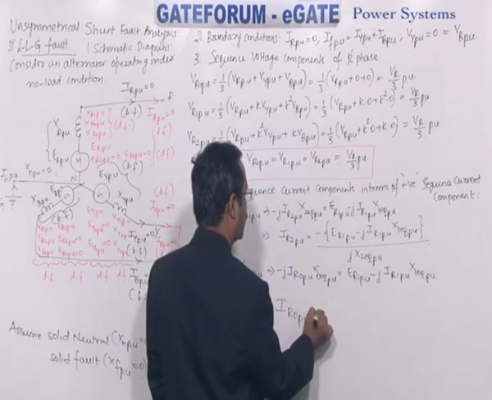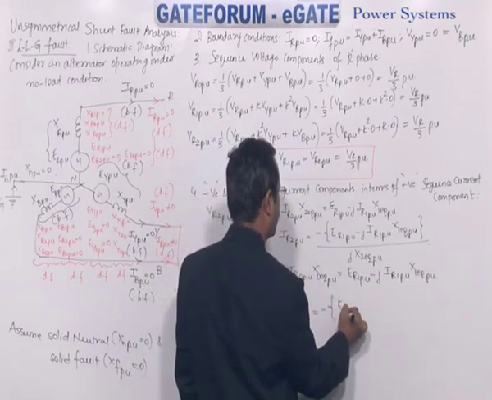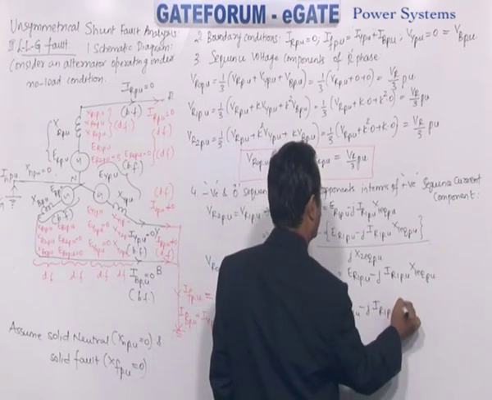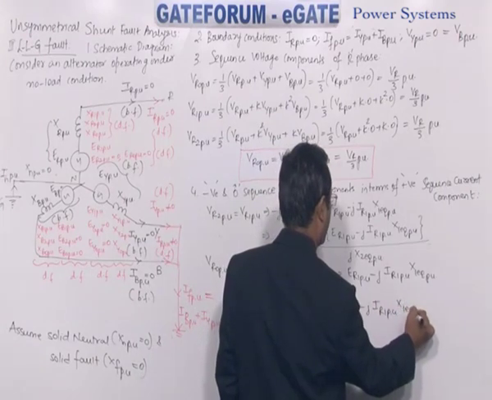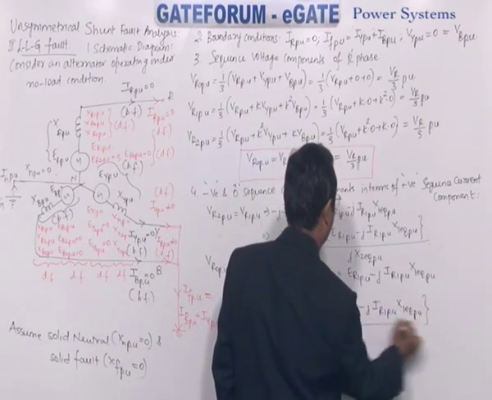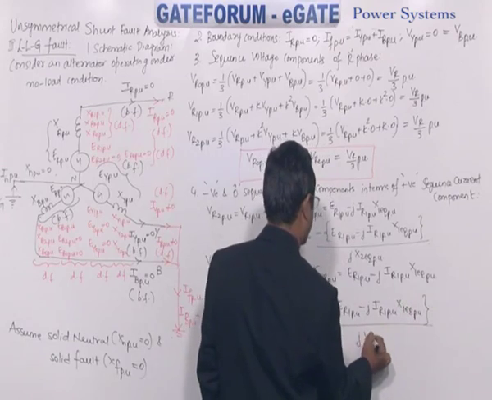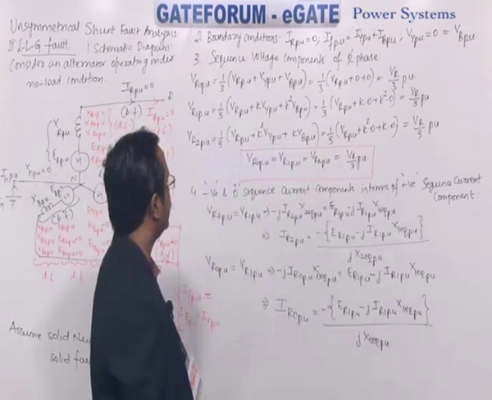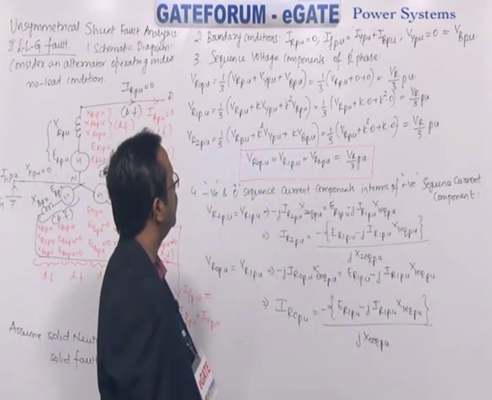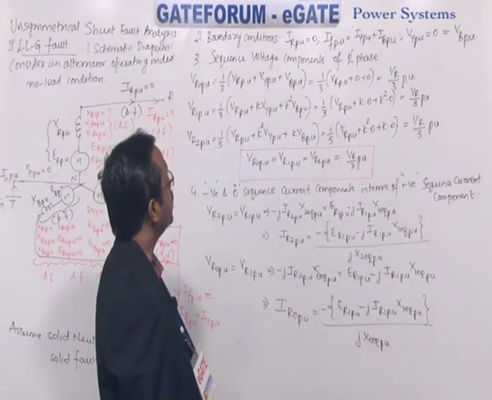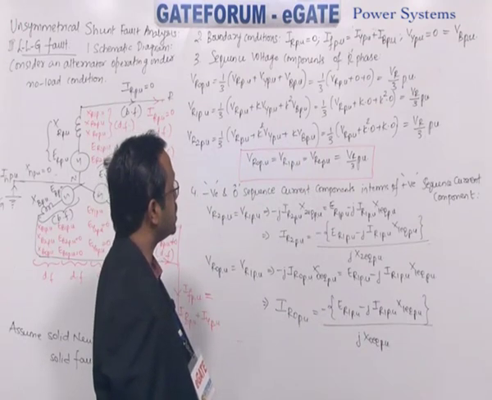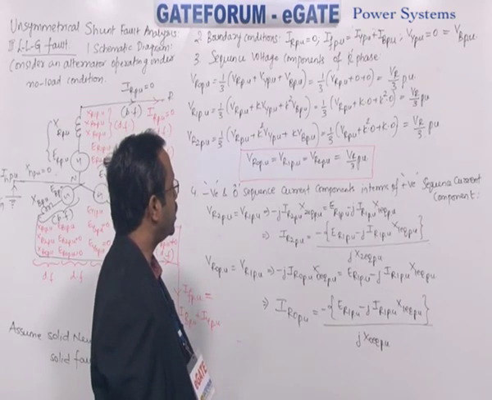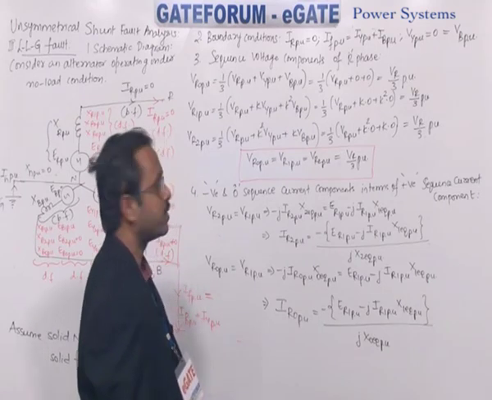So how to write IR0 per unit: minus of ER1 minus J IR1 X1 equivalent by JX0 equivalent per unit. So this is how you relate and find this answer, both in terms of the positive sequence current component.